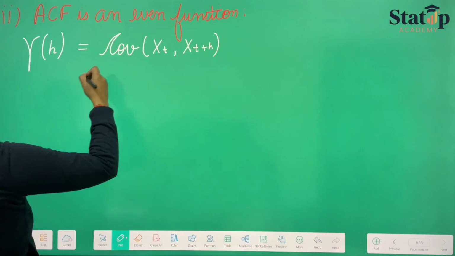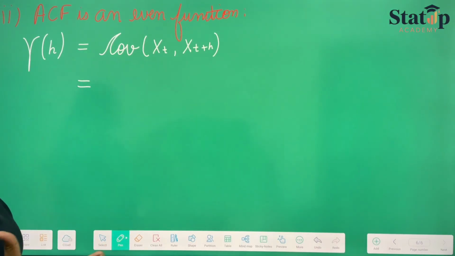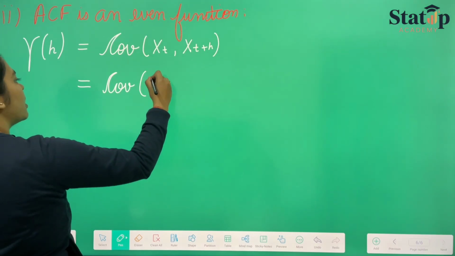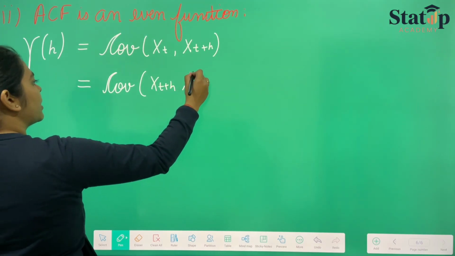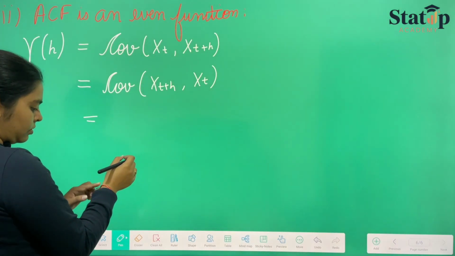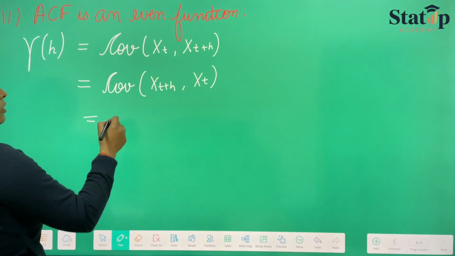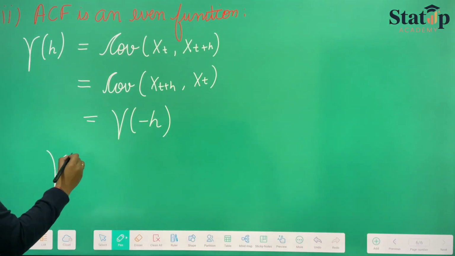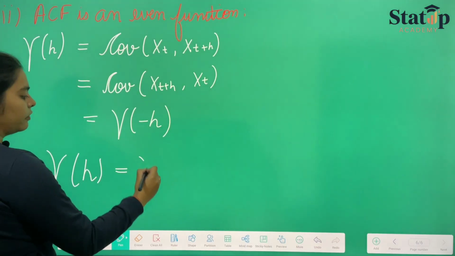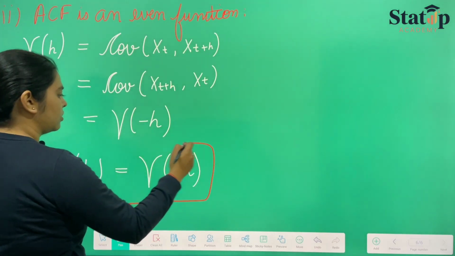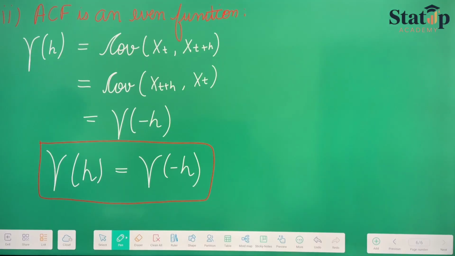Now we know that covariance of a, b is equals to covariance of b, a. So I am just replacing both of them, xt plus h and xt, which can be written as autocovariance of minus h, and hence it is an even function. This was the property of autocovariance.